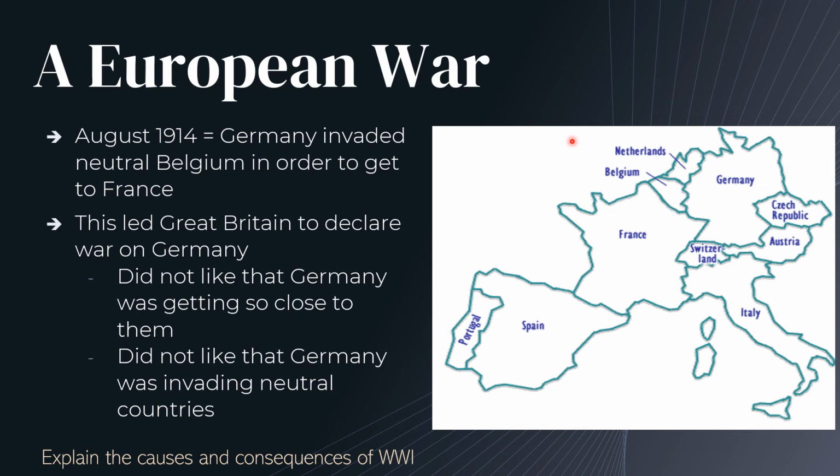This is not going to keep going on. Germany is getting close, and they're going through Belgium, who, as I said, was sitting here minding their own business. Not marked here is the English Channel that goes between France and England, and so England is feeling a little bit threatened.